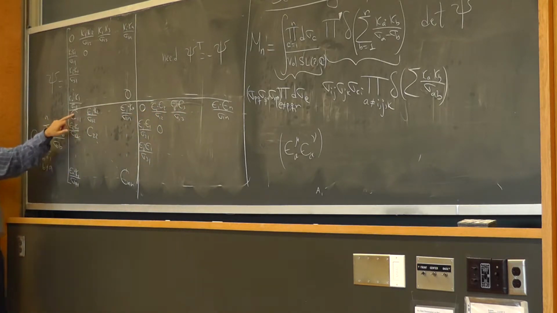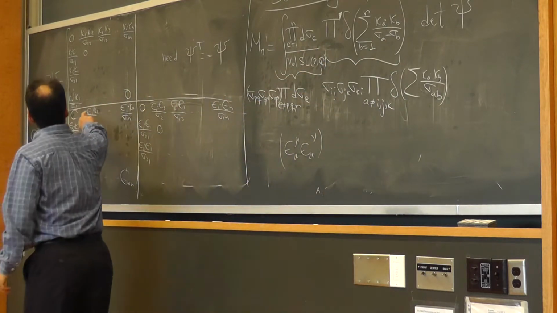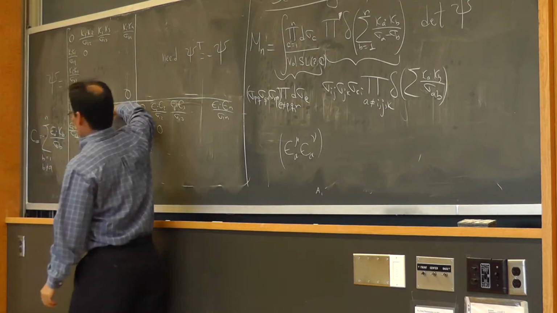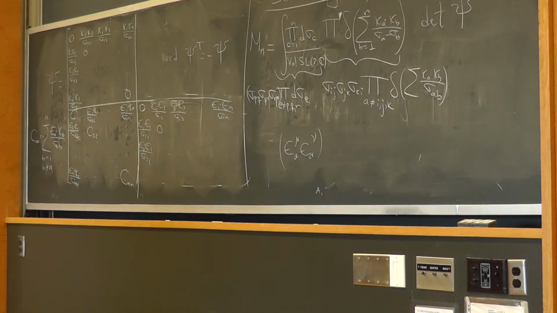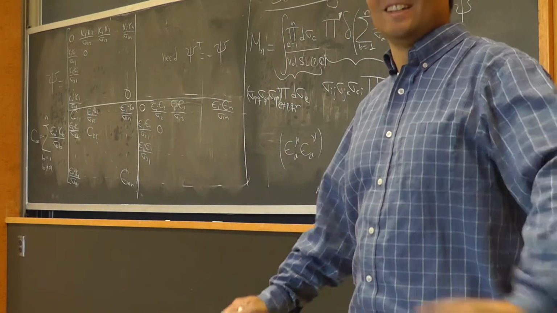First of all, this C11, if you put K1 here and a K1 here, that becomes one of these equations, so it vanishes. When this becomes K1, it becomes equal to this, so this row becomes identical to this row. So two rows become identical when I replace any polarization vector by the momentum. So you get 0 immediately. So you declare victory, and you say that this is it.